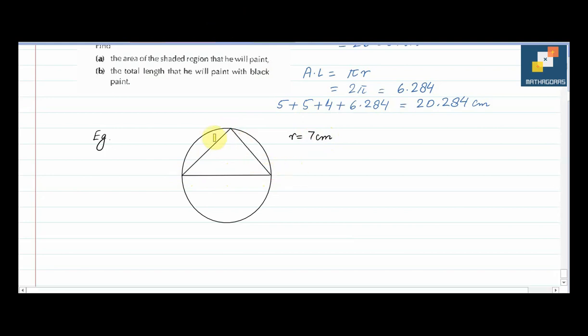You need to find out the area of the shaded region. That is your question. All shaded except the triangle, and the triangle has a 90 degree angle, and this length is 3 and this length is 2. So you need to find the shaded area.